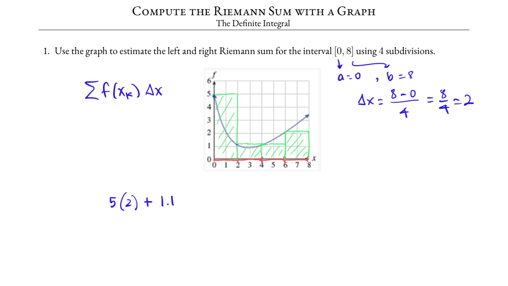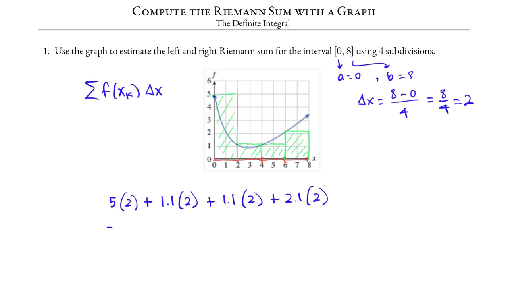It is a little bit above 1, times the width 2, plus for the next rectangle, the height is also approximated as 1.1 times the width 2, plus for the next rectangle, the height is approximately 2.1 times the width 2.